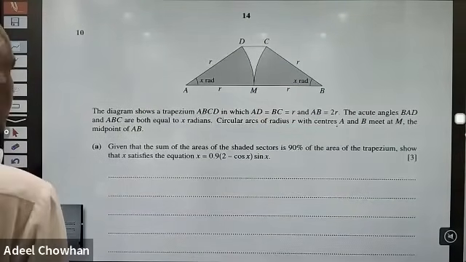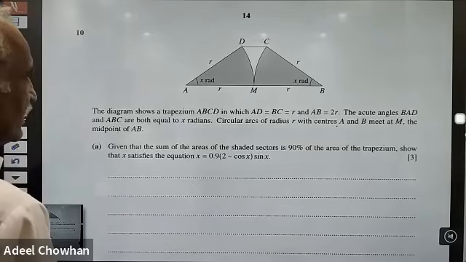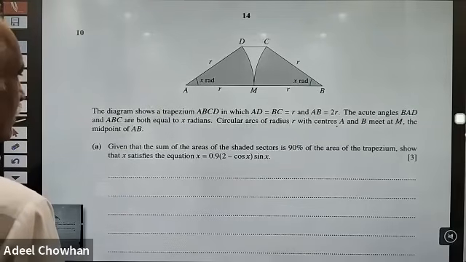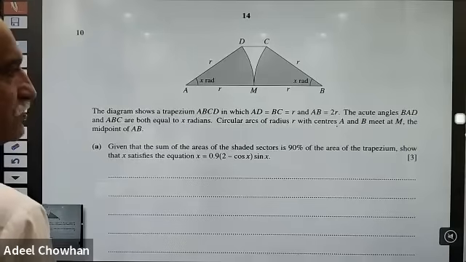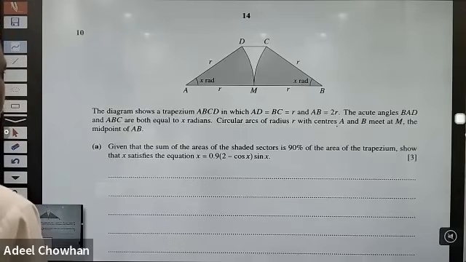Question number 10. The diagram shows a trapezium A, B, C, D in which AD and BC are equal to R and AB is equal to 2R. The acute angles BAD and ABC are equal to x radians.